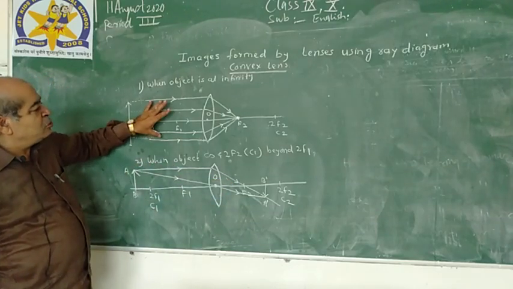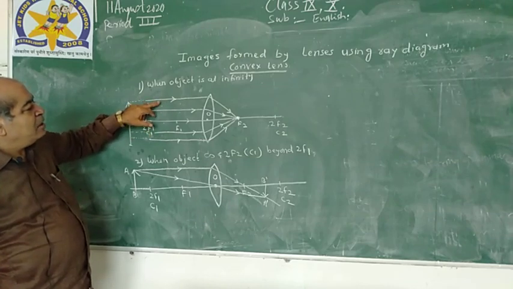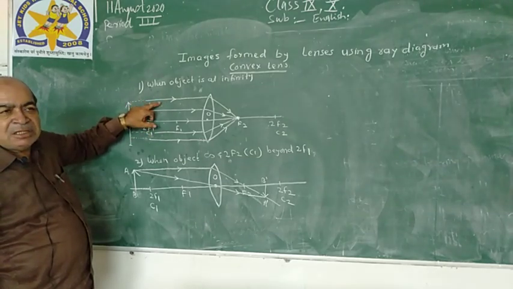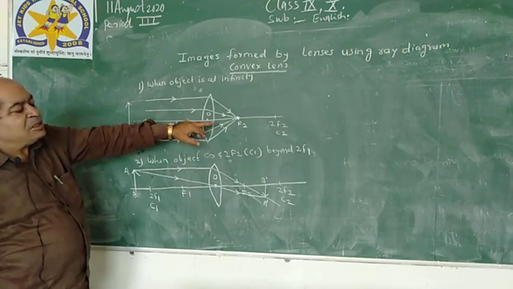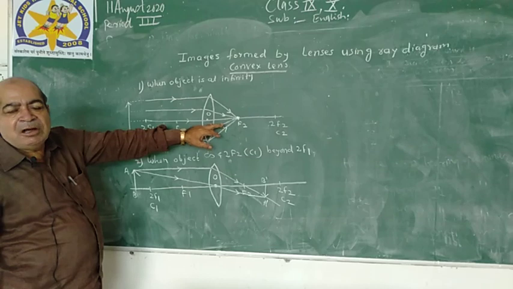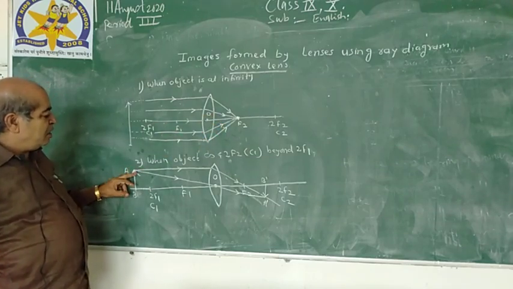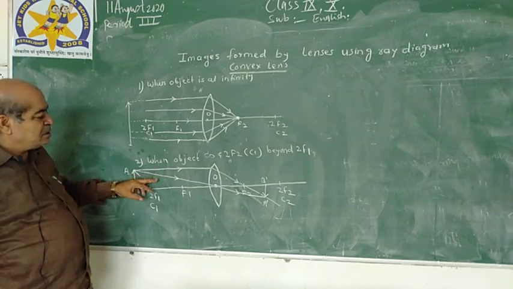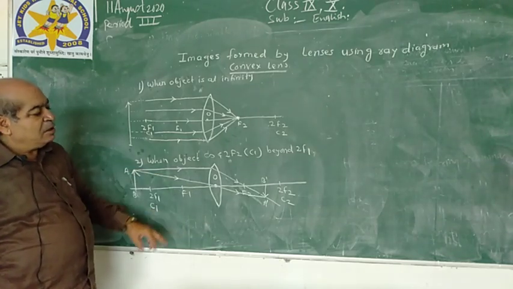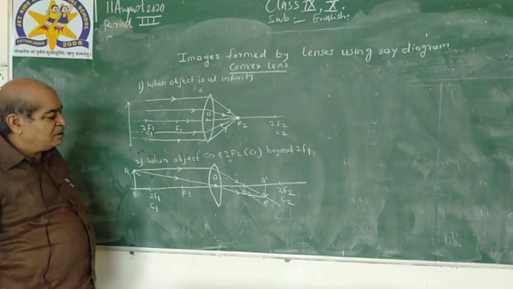Here which rules are used? When a ray of light parallel to the principal axis is incident, after refraction it passes through the principal focus on the other side.